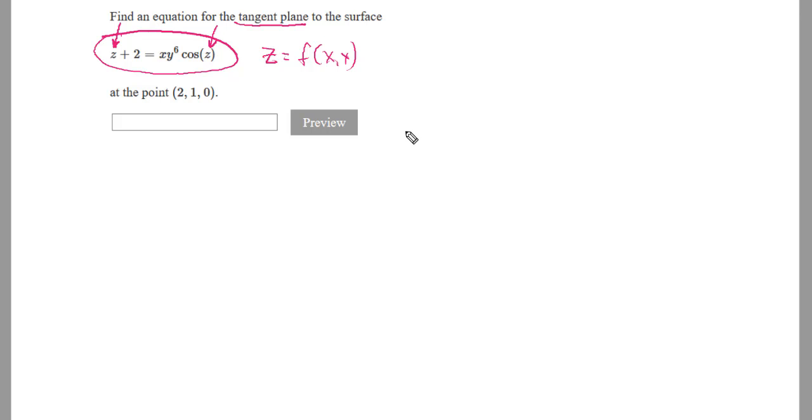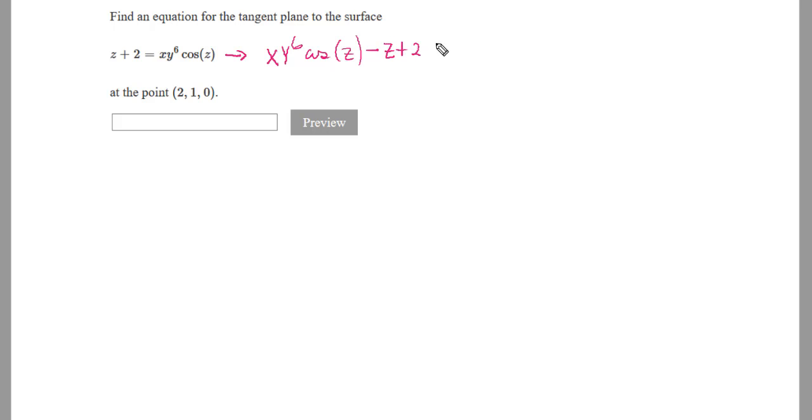Therefore, we're going to have to modify our equation somewhat. We will change this to the equation xy^6 cosine z minus z plus 2 equals 0.